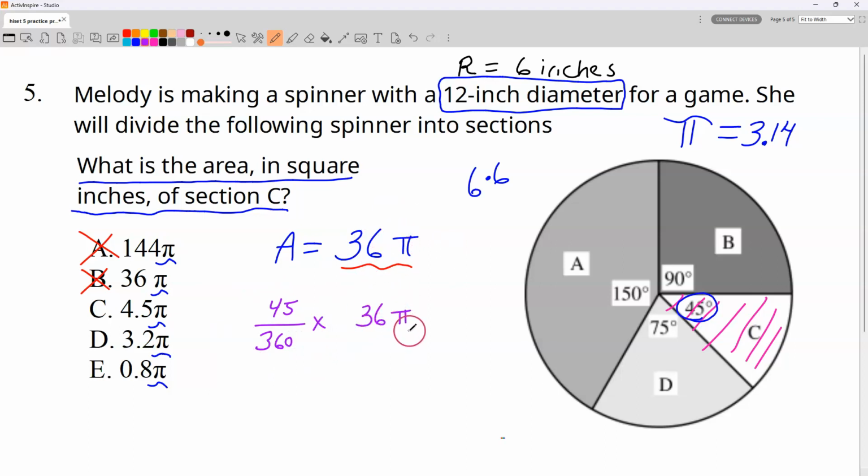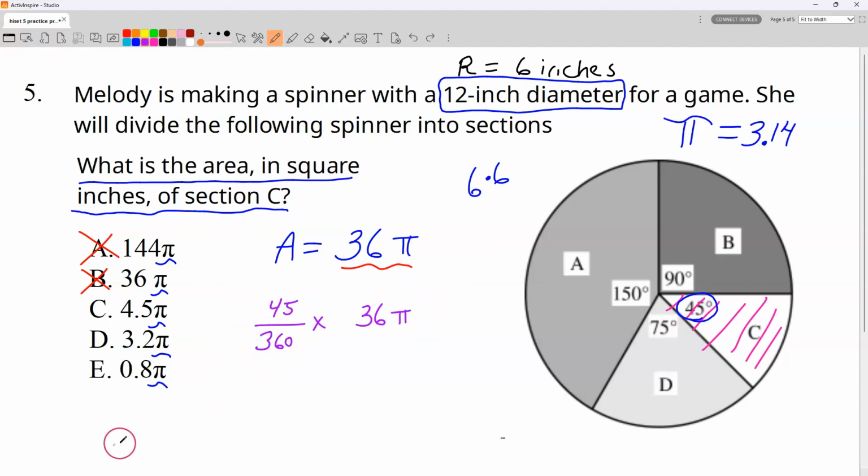Again, I'm just bringing my pi symbol down. If you wanted to make it easier, you could just eliminate the pi's on all of these and just pretend it's times 36. But I didn't do that from the beginning, so I'm just bringing down my pi symbol each time. So what I'm doing is taking this section, 45 out of 360, times the total area, 36 pi.